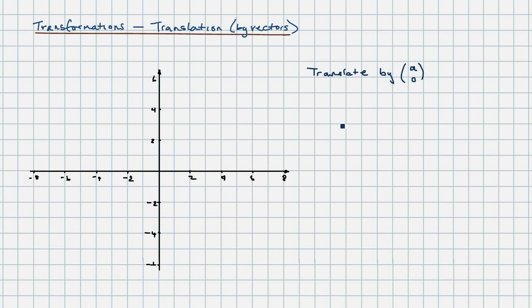Perhaps the easiest way to look at this is if I start with a point here at 3, 2. So the coordinates of our point, let's call it A, are 3, 2. So translating A, 3, 2, by, let's say, 3 units.